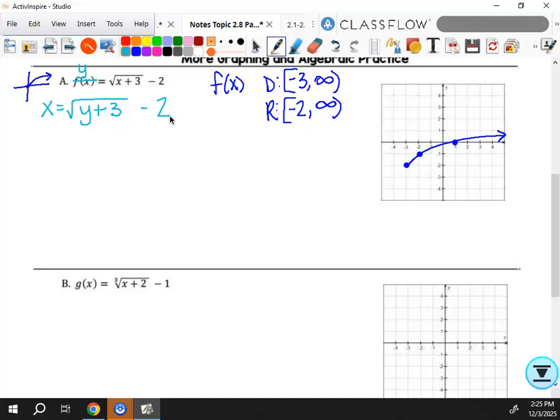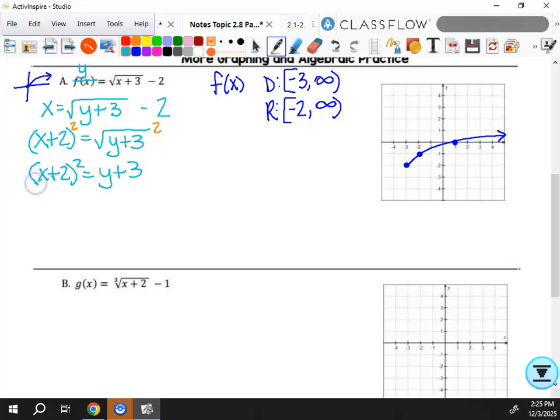What do I need to move first? The 2. So x plus 2, you don't necessarily need parentheses right there, but I did it anyway, equals the square root of y plus 3. Now can I square both sides? Yes. Okay, so we'll put my little squareds here. And that'll give me (x plus 2) squared equals y plus 3.